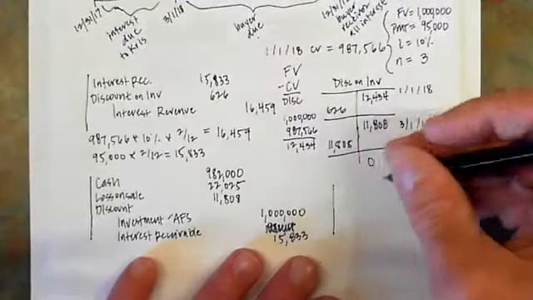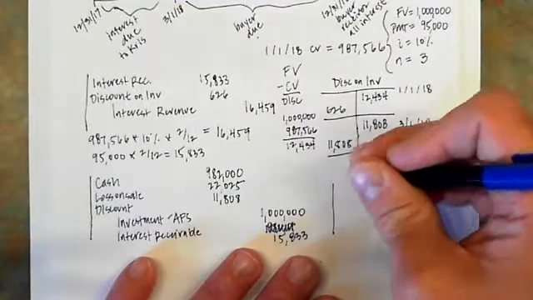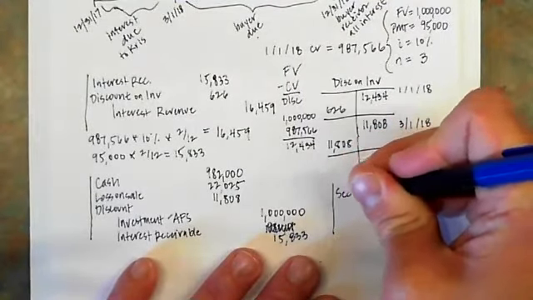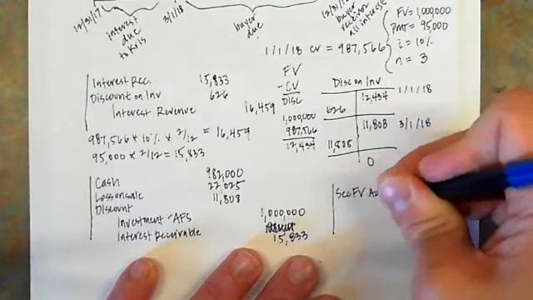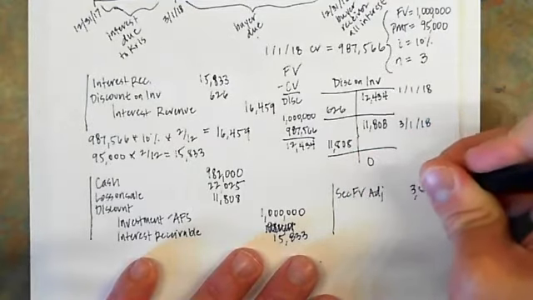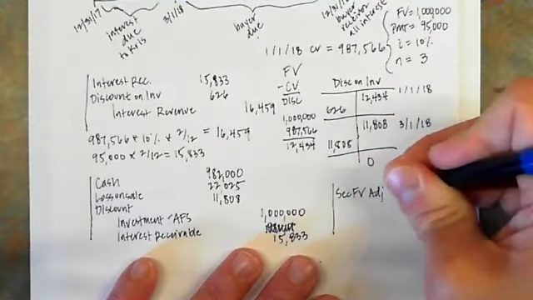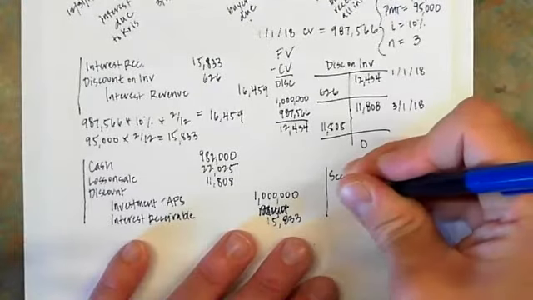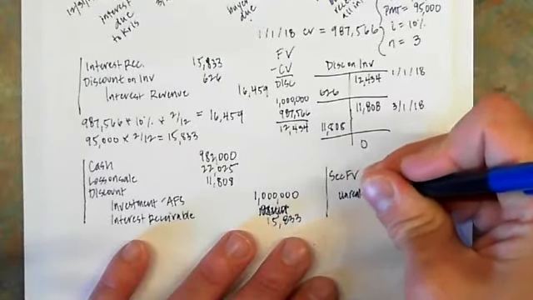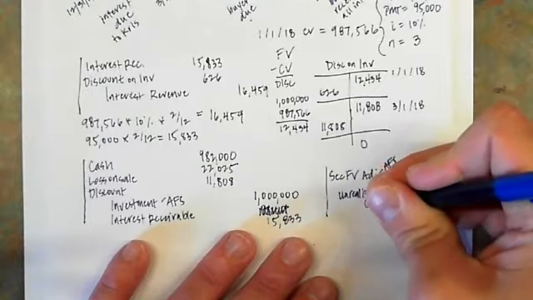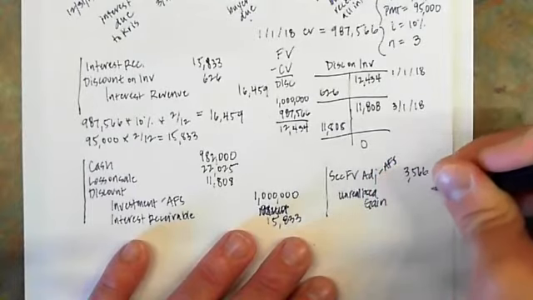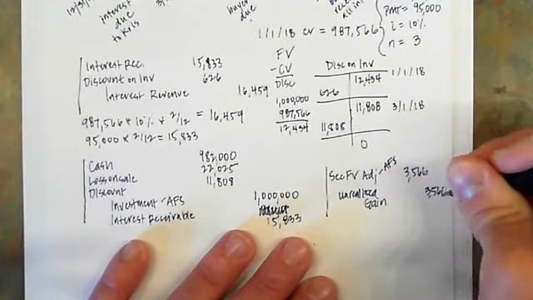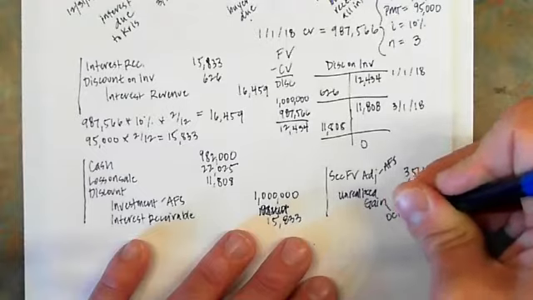So what we do then is reverse that. We recognize a debit here to my AFS, security fair value adjustment, and that debit correlates to an unrealized gain of the same amount that will flow through OCI.